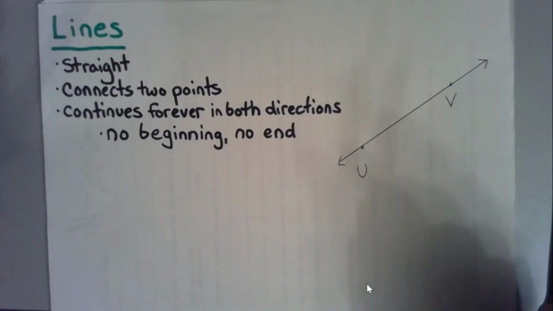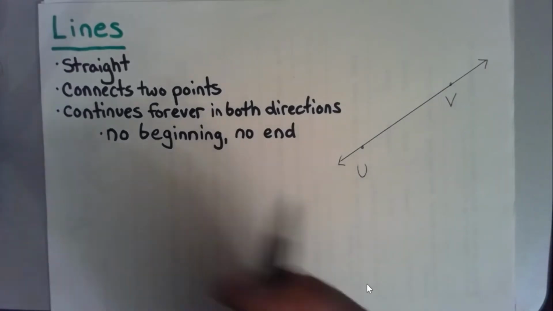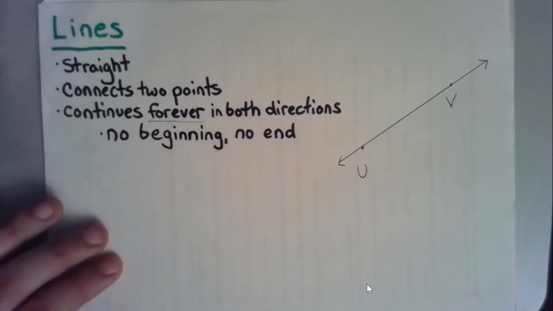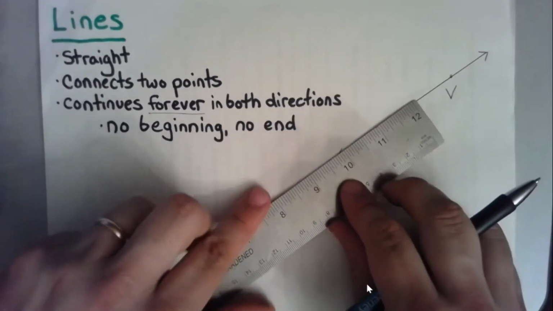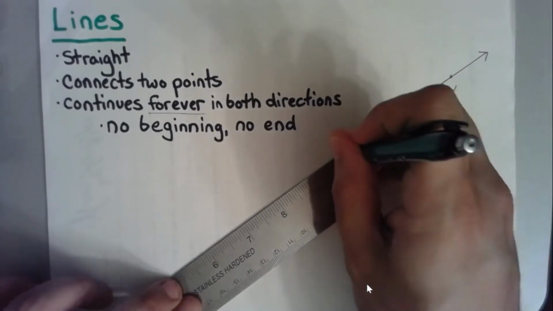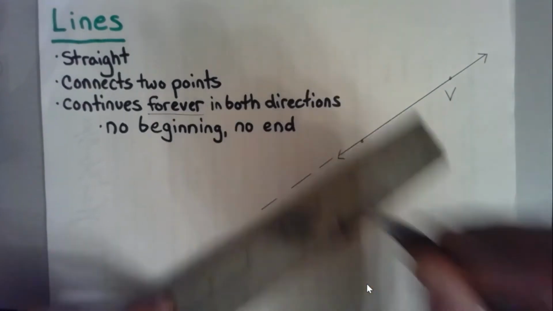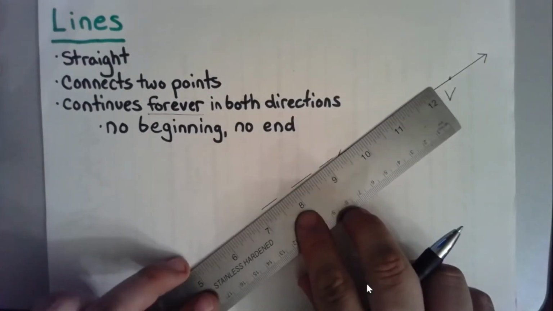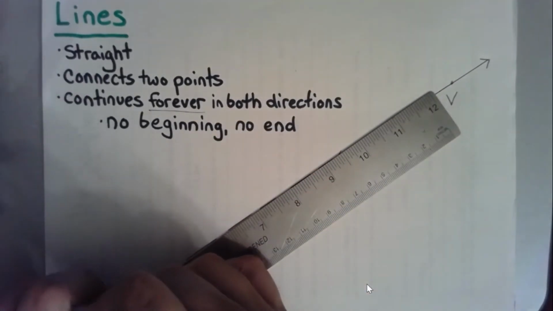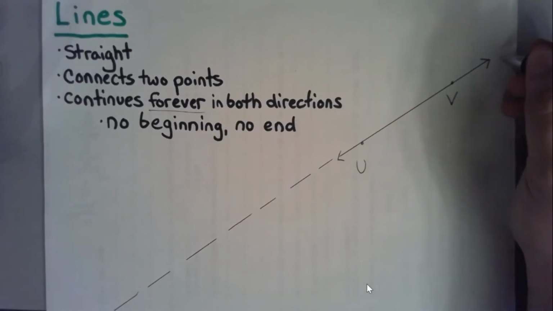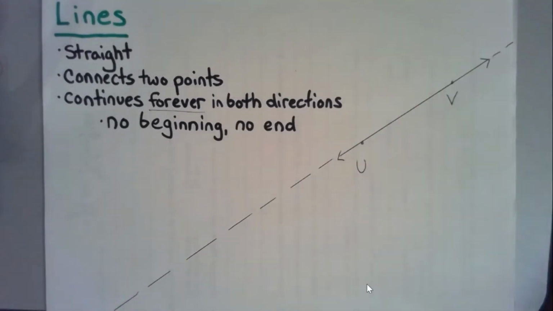And the thing that I want you to remember is that it continues on, again, this key word, forever. It has no ending. It's not as if it goes to here. Doesn't go this far. It goes all the way off the page and beyond.